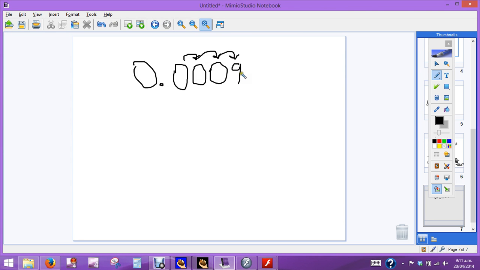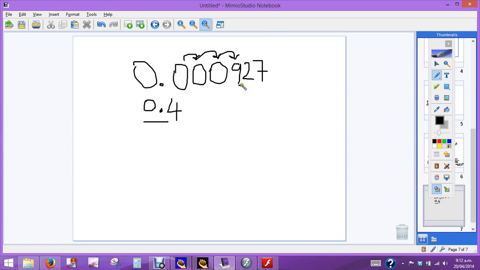So 0.000927 there is very much smaller than 0.4.